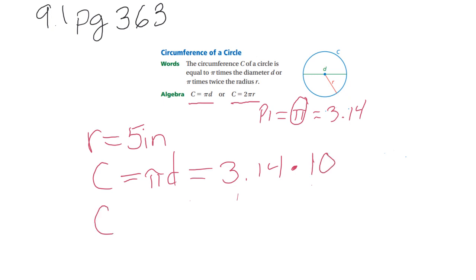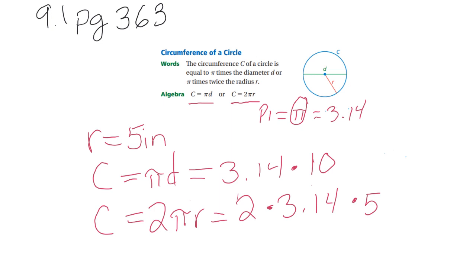Or if I wanted to use the second one, which we'd probably do because we're looking at radius, 2 times pi times r, then we have 2 times 3.14 times 5. Both would have given you the right answer, which will be somewhere around 31. Okay, there you go. Oh, and by the way, this is inches. That's the first example for you. We'll do another one.